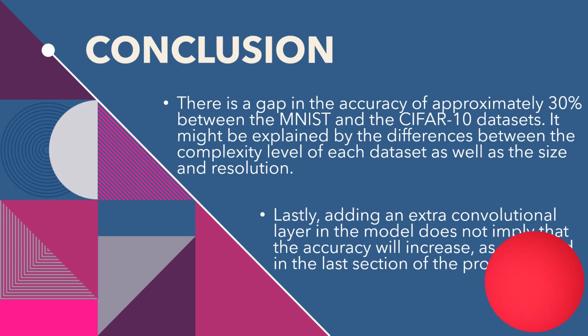As we observed in the last section of the project, the accuracy, instead of increasing, actually decreased a little bit. So it is important to notice that only one action was not enough to increase the accuracy level of the convolutional neural network. Thank you.